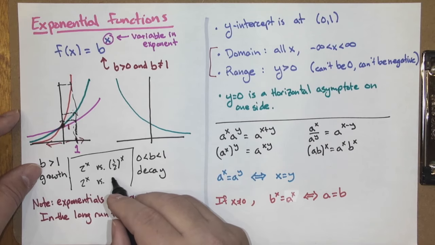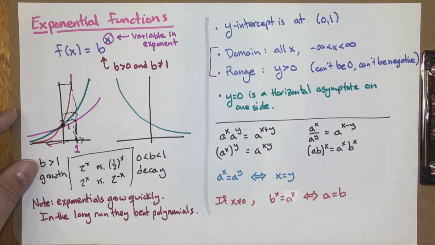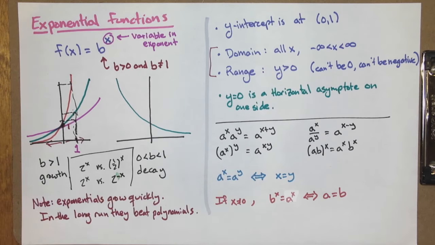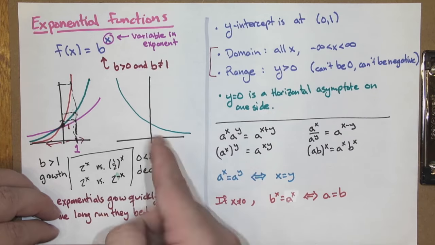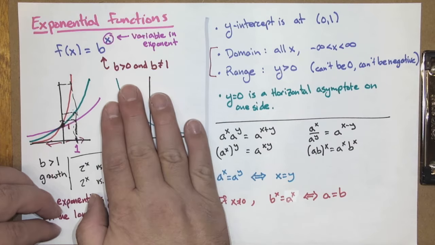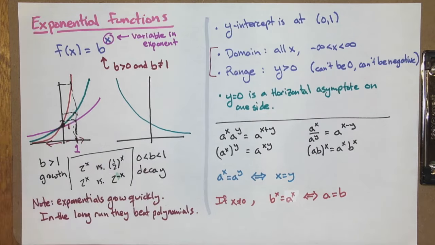And so 1/2 to the x is 2 to the minus x. The difference is there's a minus sign. The effect of the minus sign is that it acts on our input and essentially says, flip it over. So that's why these two graphs look like mirror images.